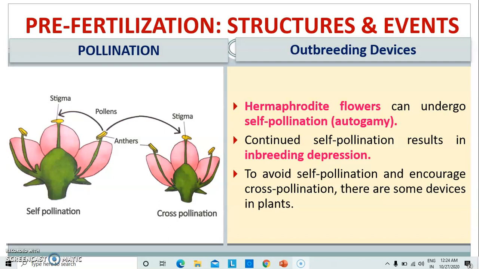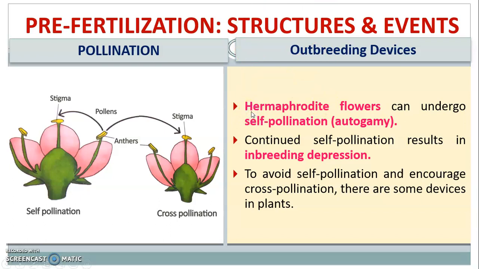In this slide, the flowers mostly are hermaphrodite in nature. Hermaphrodite means flowers that are bisexual in nature, that are monoecious in nature. So hermaphrodite, bisexual and monoecious are all the same thing, which means the male and female structures are present within the same flower.